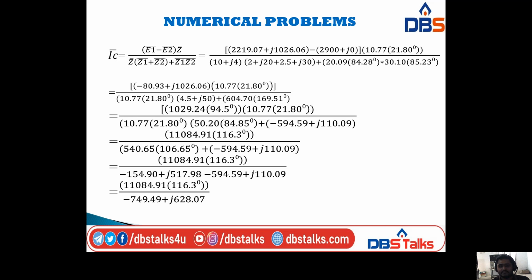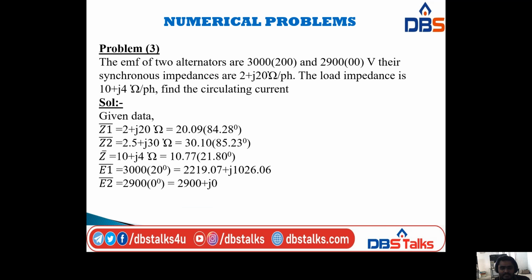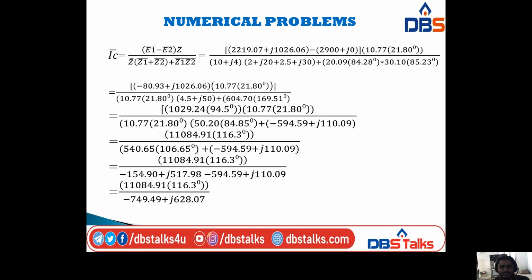Sorry, that is Z1. In the problem they gave Z1 and Z2, that is 2 plus J20 and 2.5 plus J30, and Z is 10 plus J4.